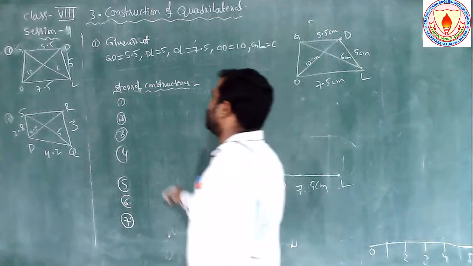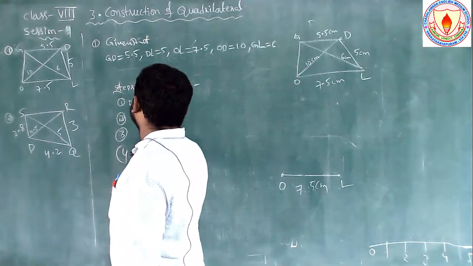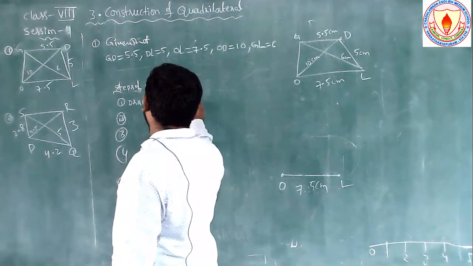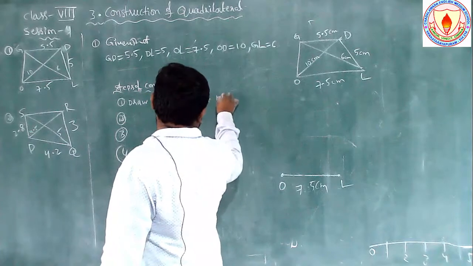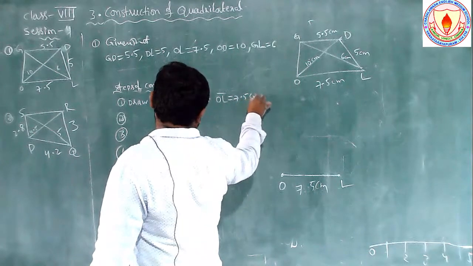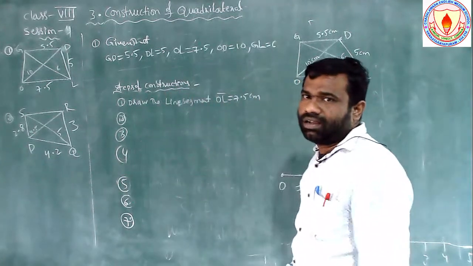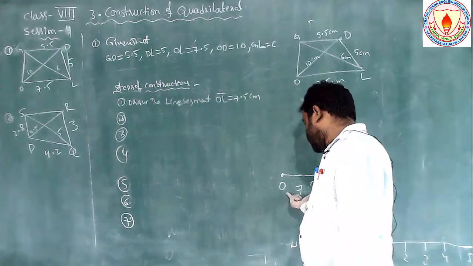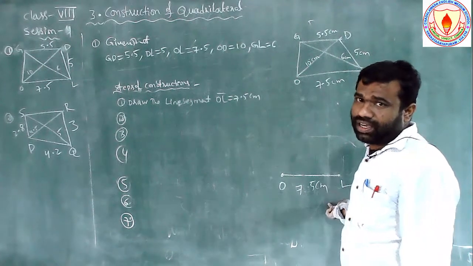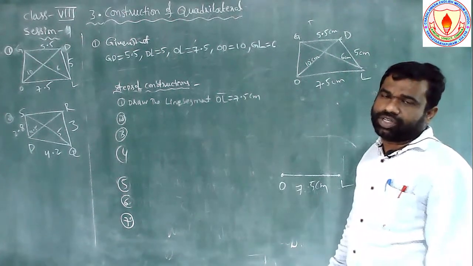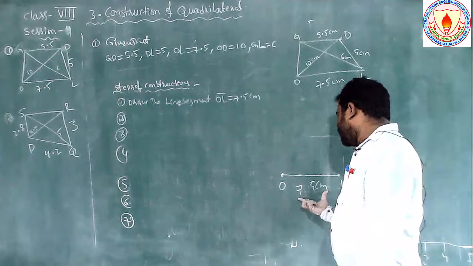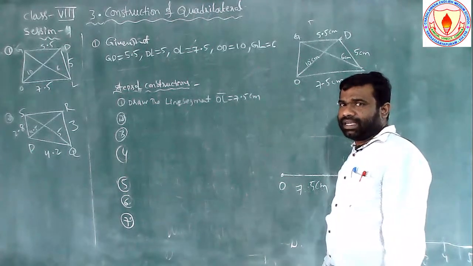Now draw the line segment OL equal to 7.5 centimeters. That is the first point. Same concept, you have to write the steps of construction, whatever you are doing here. So the first step is to draw the line segment OL as 7.5 centimeters.